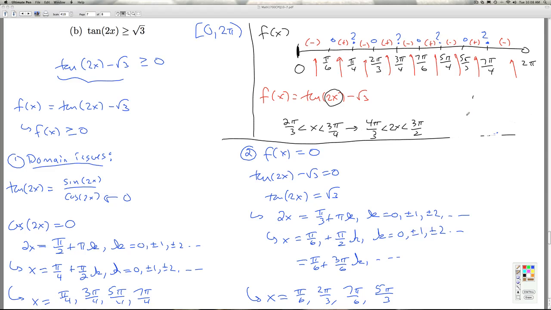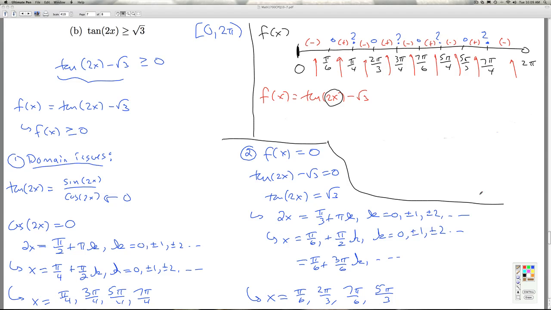Or you can take the time and think about what's happening graphically with this function. So if you were to graph tangent of 2x minus square root 3, the first thing to pick up on is that we have the tangent 2x as opposed to tangent x. That's going to make this thing go essentially twice as fast.